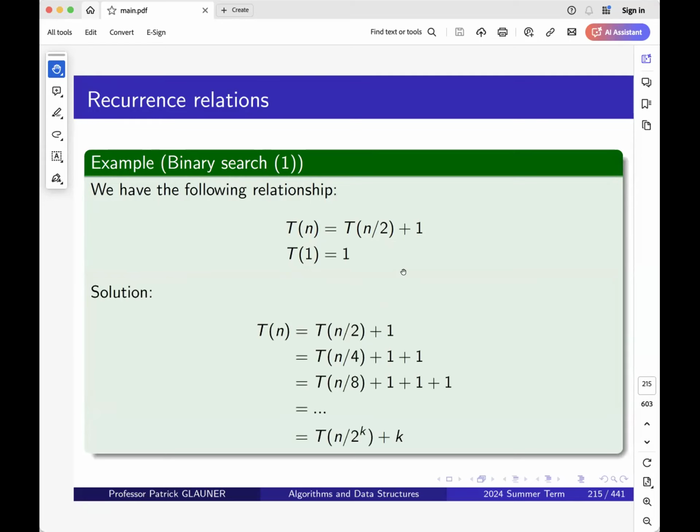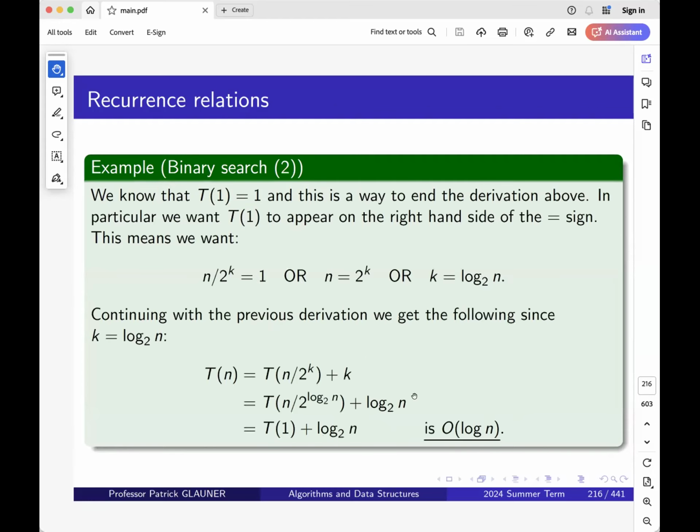And then we try to find a pattern by applying the recurrence relation over and over again. And once we find the pattern, which is down here, we want to know when this actually goes to the base case. So when n divided by 2 to the k is the base case, when this is 1. And the base case may look different in other recurrence relations. So it's not always 1, could be different, but here it's 1.